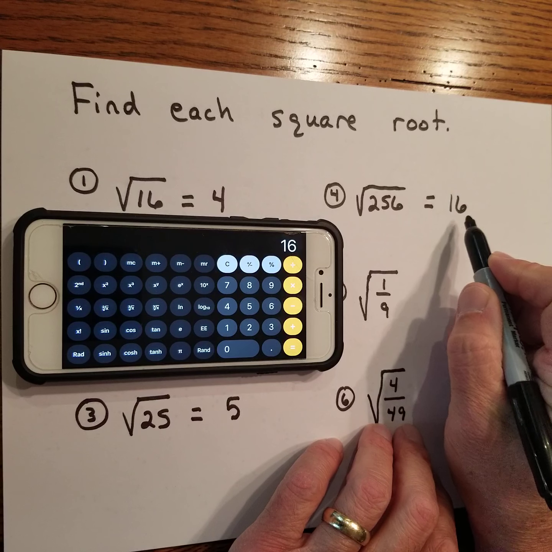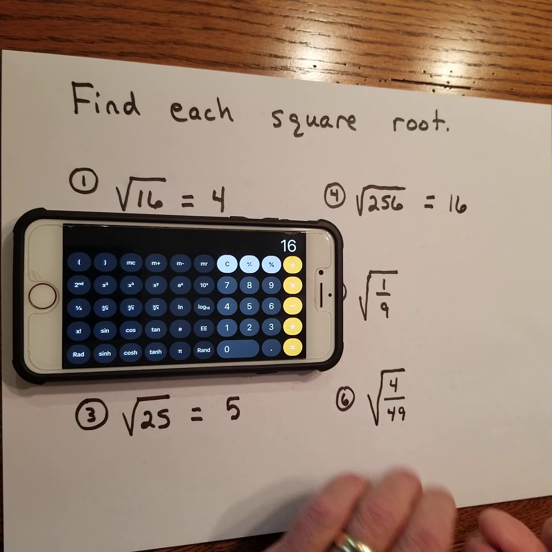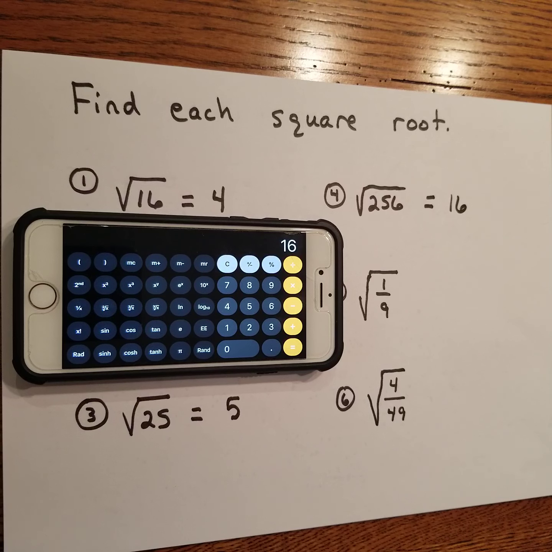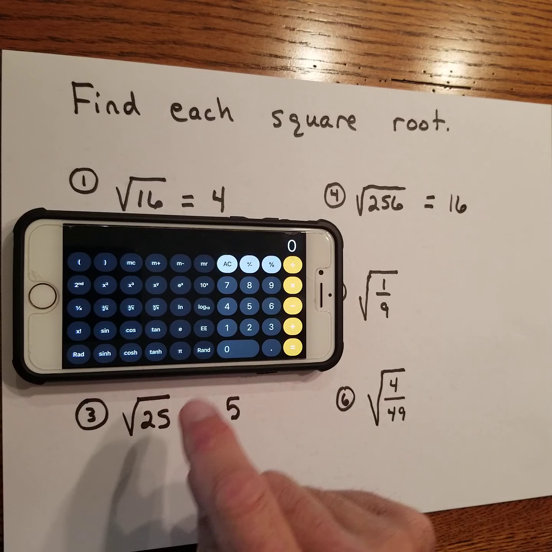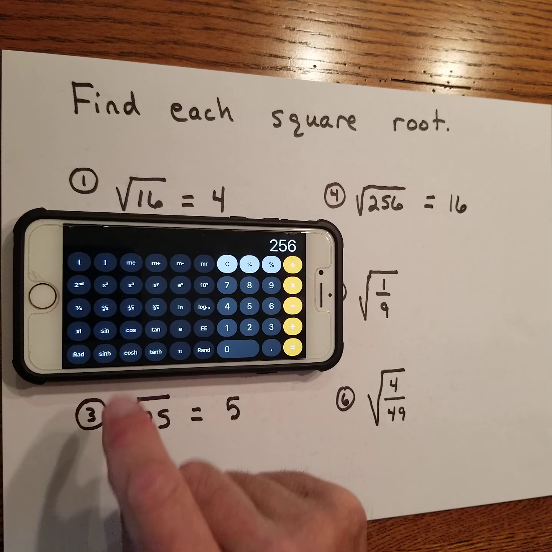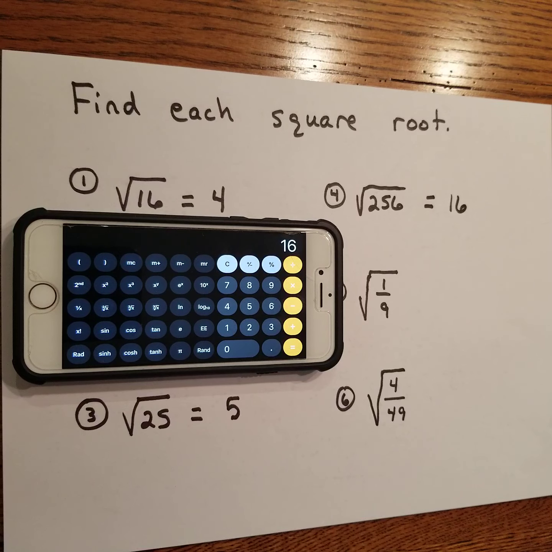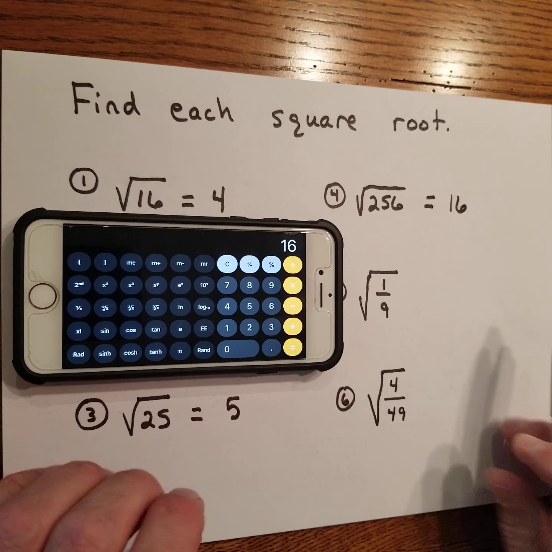Because 16 times 16 is 256. Now, on your calculator, you might have to hit the square root button first. You might have to go square root, then type in 256, then hit equals. On this calculator, I type in the 256 first, and then hit the square root button. Just depends on your calculator.